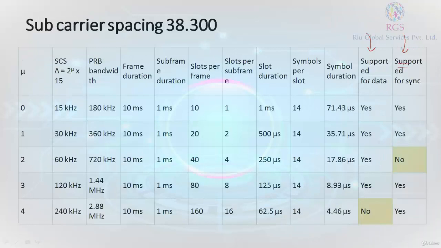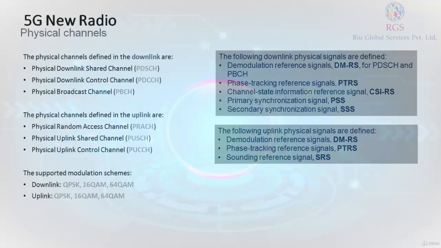Okay. Now next part is the physical channels which are available in 5G. So just like LTE, physical channels are almost same, but the number of physical channels have reduced. So we have physical downlink shared channel, which is used for carrying the data, plus signaling. Then we have physical downlink control channel. So this control channel basically carries the scheduling grant for both downlink as well as uplink, right?